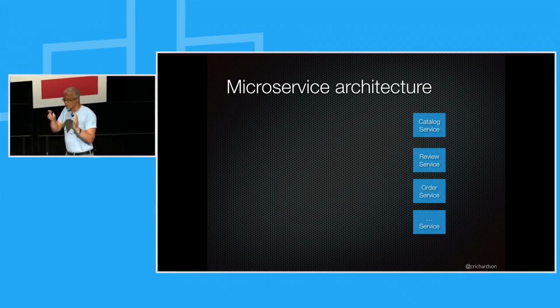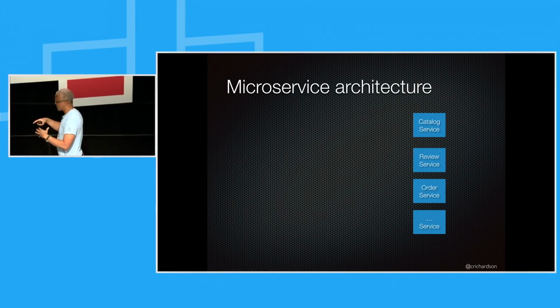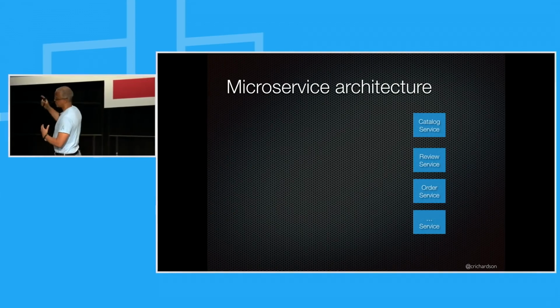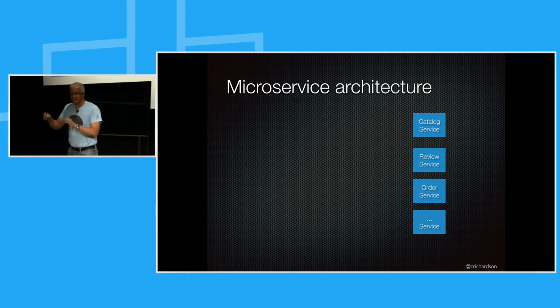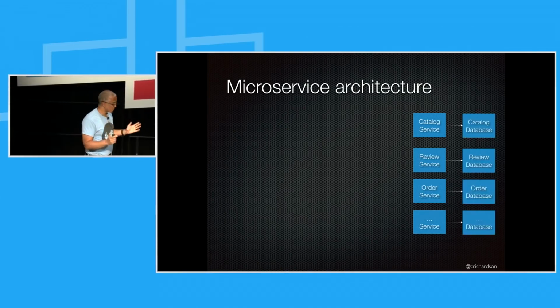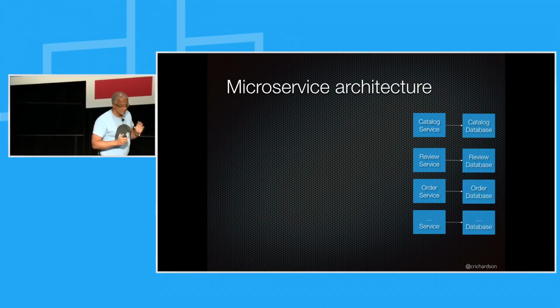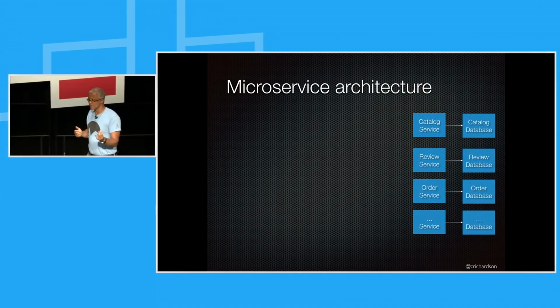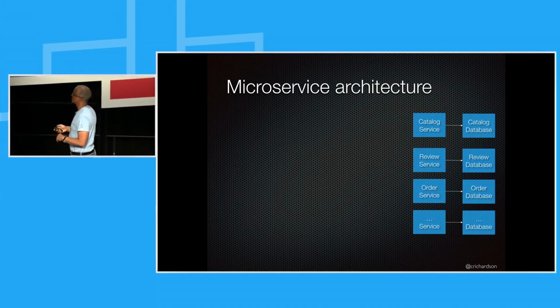So what were previously modules within our application now become standalone, independently deployable and scalable services, each one of which has its own database. That's a key attribute of the microservice architecture, which has a lot of benefits, but creates problems that I'm going to talk about in a little while.